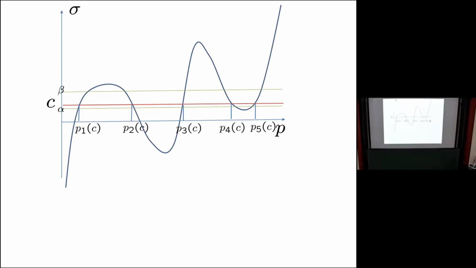We're imagining C going up and down in this interval, and of course the roots are going to change as you change C. What we're interested in is whether you can have the sum of lambda i pi of C being a constant as you vary C up and down in this interval. So the non-degeneracy condition says that if that's going to happen, then the lambda j's have all to be equal.